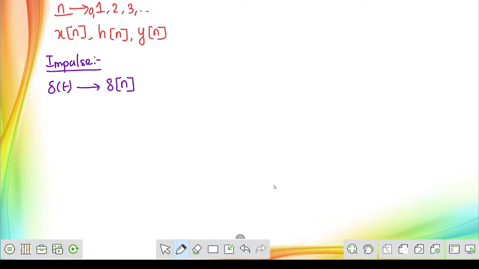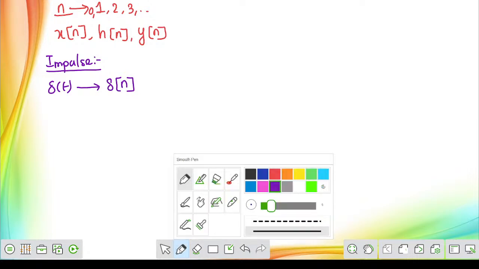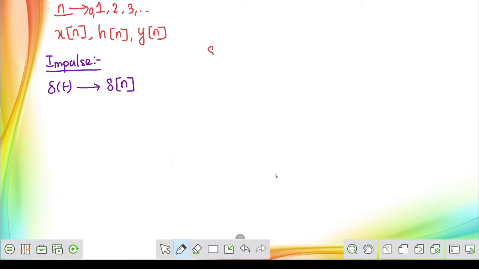Just to recollect, in continuous domain the value of del of t approaches infinity at t equal to 0, and it will be 0 everywhere else. This is what we have discussed.